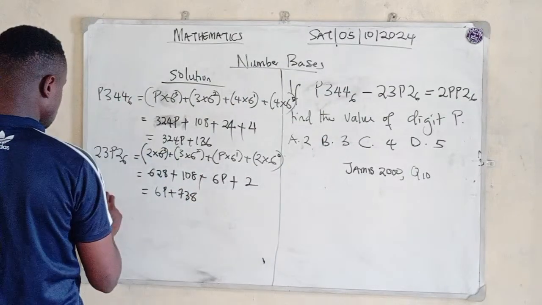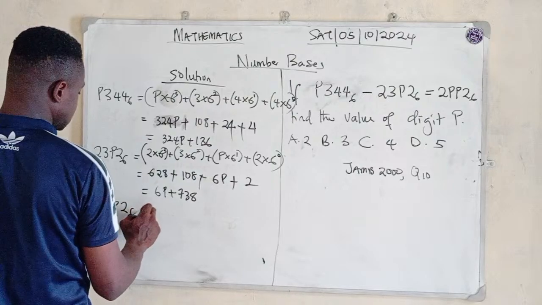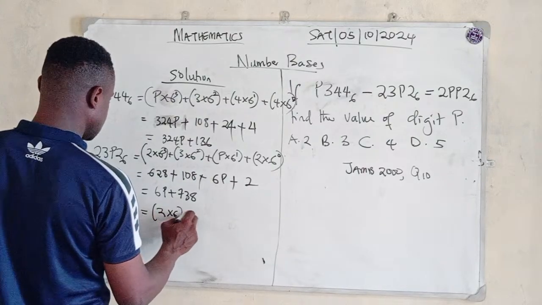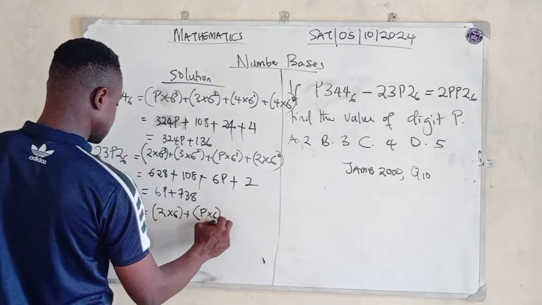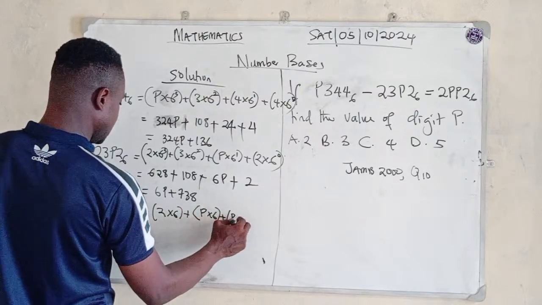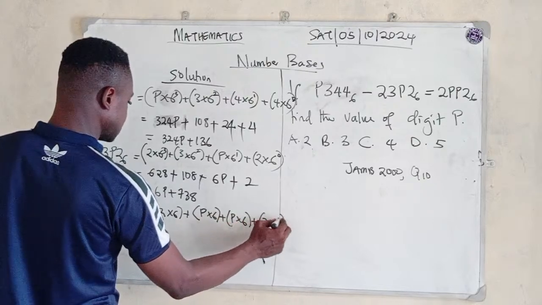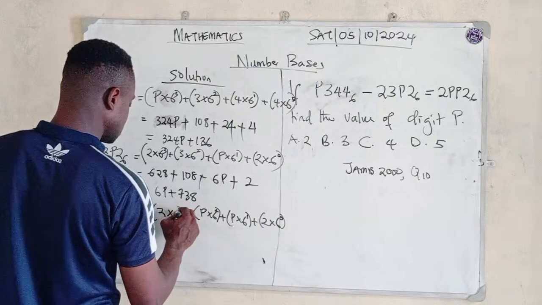We have 2, p, 2 in base 6. Let's expand it. We have 2 times 6 plus p times 6 plus p times 6 plus 2 times 6. This is 0, 1, 2, and what? 3.